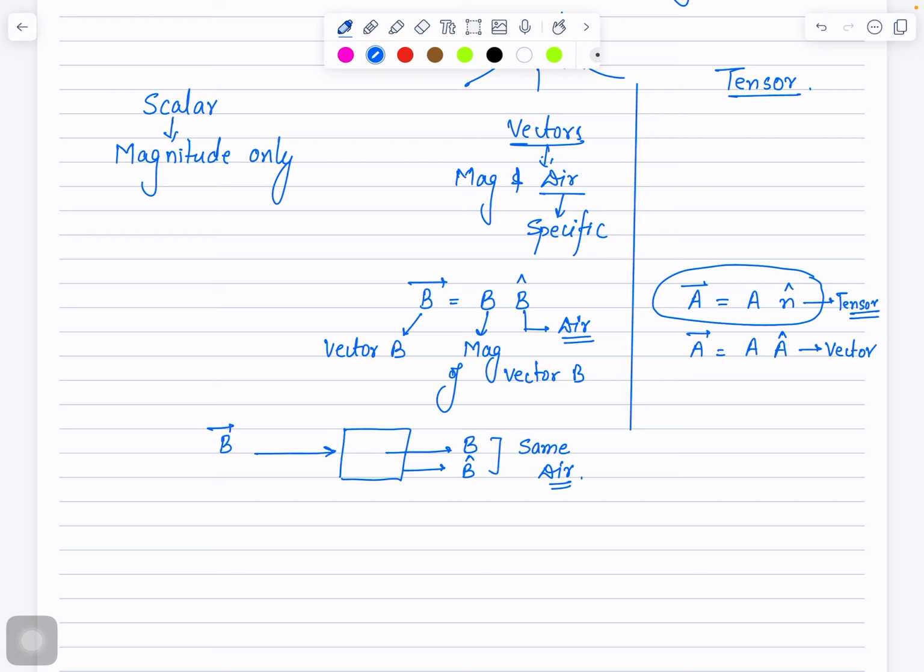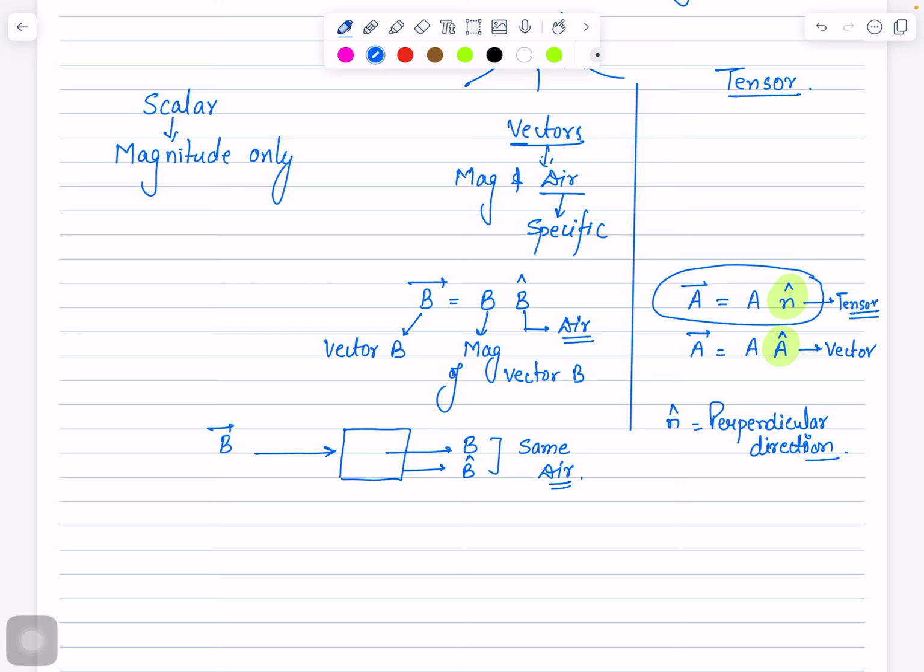Keep this in your mind. There is the n cap, here is A cap. This is the major difference. And n cap is the perpendicular direction. I'll show you how to solve this.